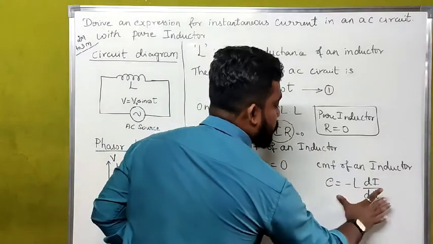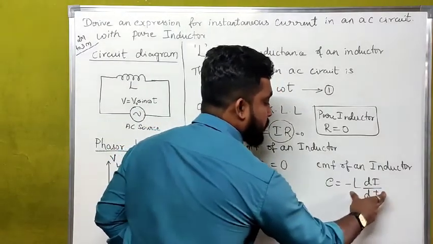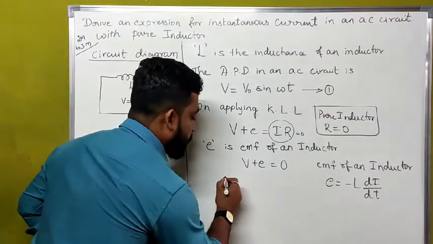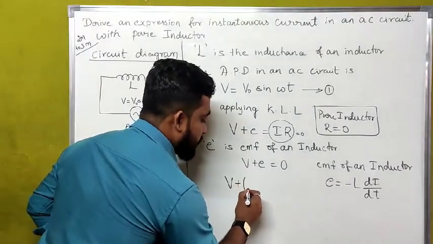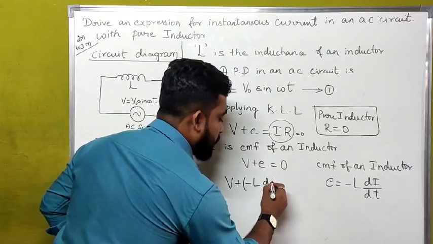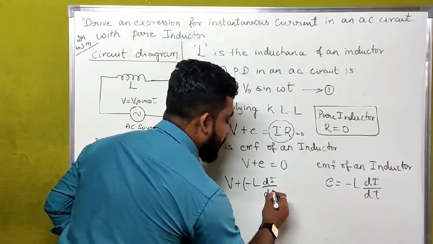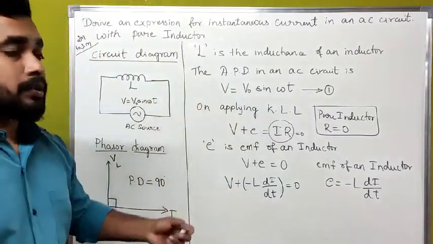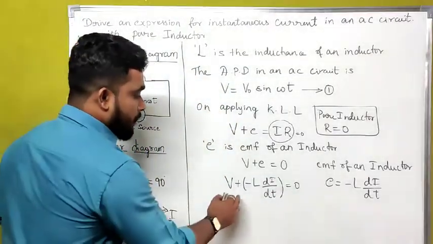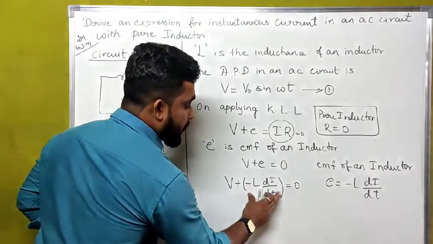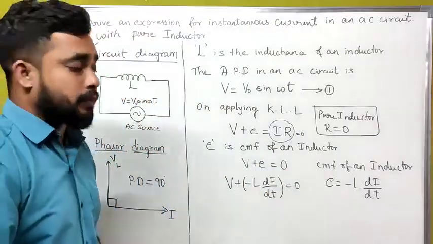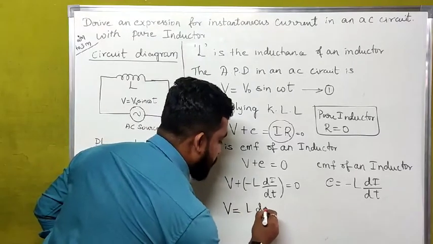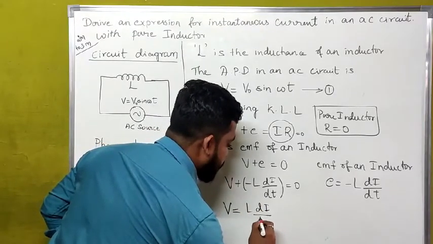If we substitute this in the equation, what will we get? V plus minus L into di divided by dt is equal to 0. If we send this negative term to the other side of the equation, we get V is equal to L into di divided by dt.